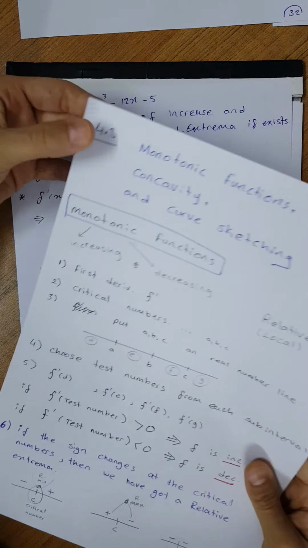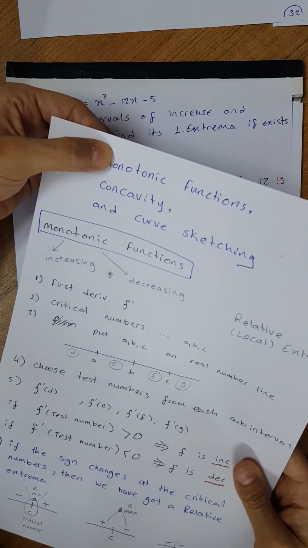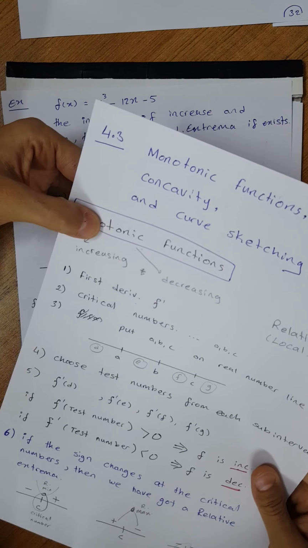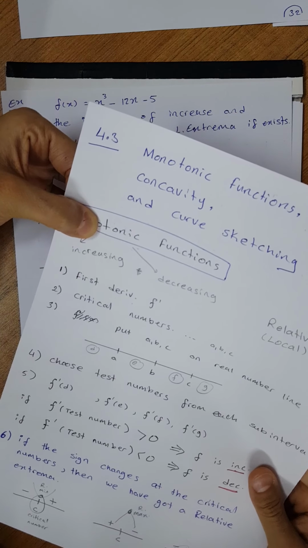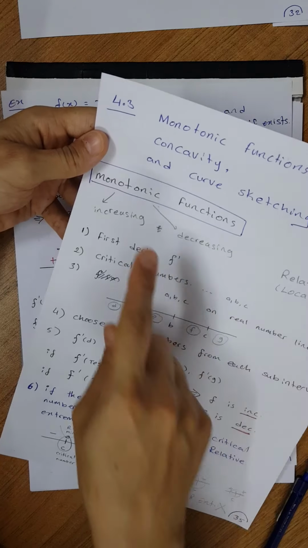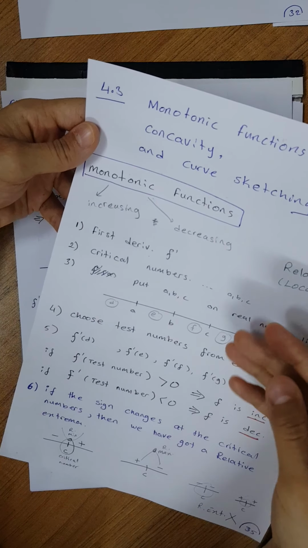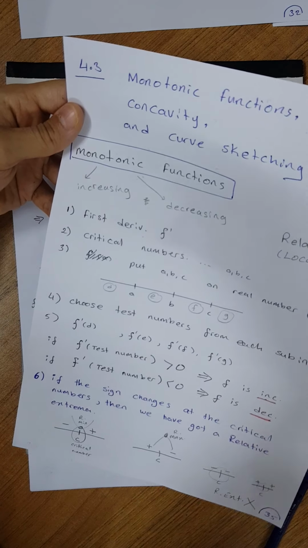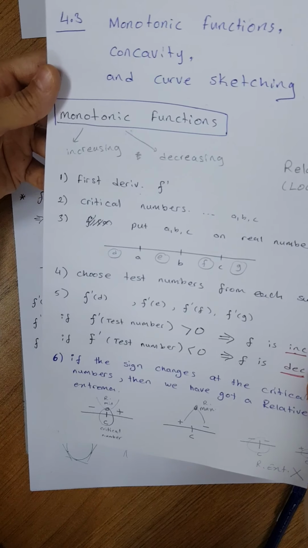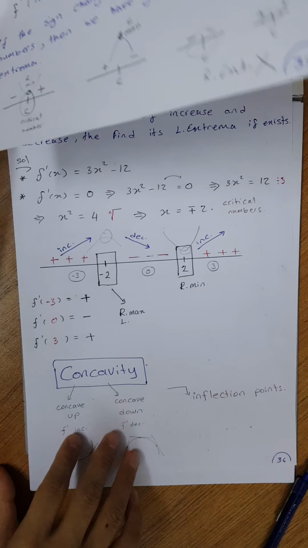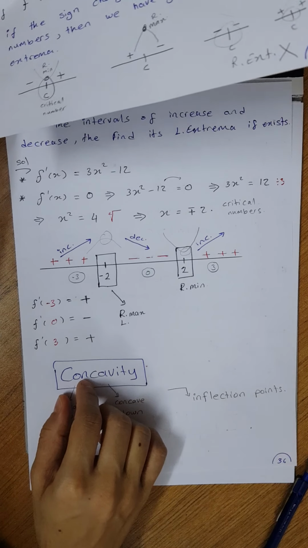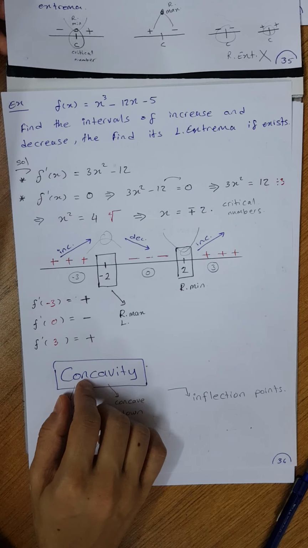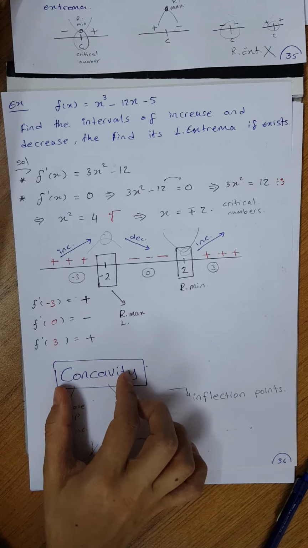So in that section, what did we study? We studied monotonicity, that is increasing and decreasing functions, relative extrema, the procedure for finding increasing, decreasing, and relative extrema. We were using the first derivative of the function. And then we came to the second part of section 3 of chapter 4. It is about concavity.